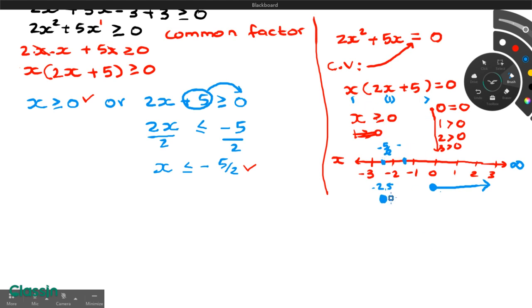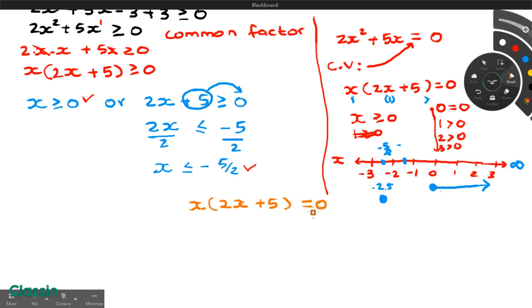So it means that you're just going to check the values that you get. Now, if I put negative 2.5, I want to explain this clearly. I had x into 2x plus 5, close bracket. And then I have put equal sign.